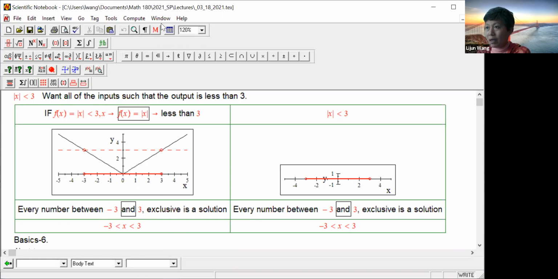For example, I can write it this way, 3 larger than x, larger than -3, right? I can totally write it that way. So when you have the signs lining up like this, it always means and.